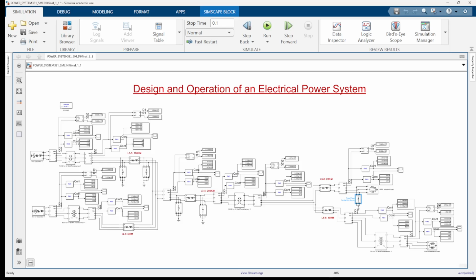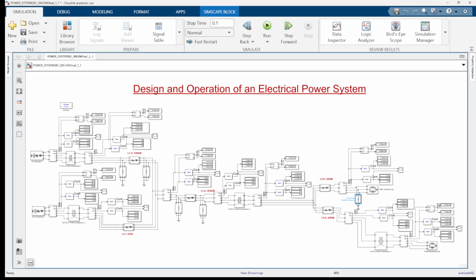To conclude, the project successfully demonstrated the design and operation of a realistic interconnected electrical power system. The system maintained voltage stability within the design limits. We have achieved acceptable efficiency and showed strong agreement between the dynamic and steady state simulations.